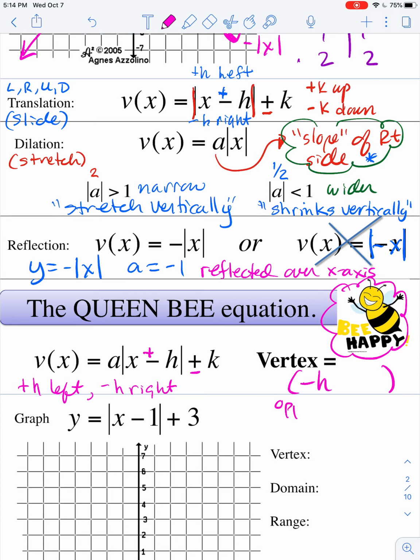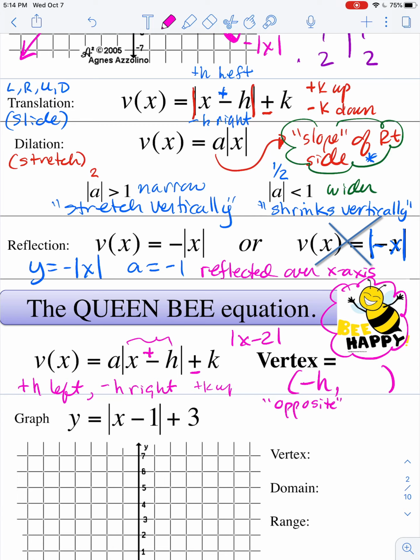So we put here negative h. That always scares me because people think it always has to be negative. So think of it as the opposite, because if you have in here, for example, x minus 2, the opposite of that is going to be a positive 2. So what you see as the x coordinate in your vertex will be the opposite number of what you see inside the container, the bars.